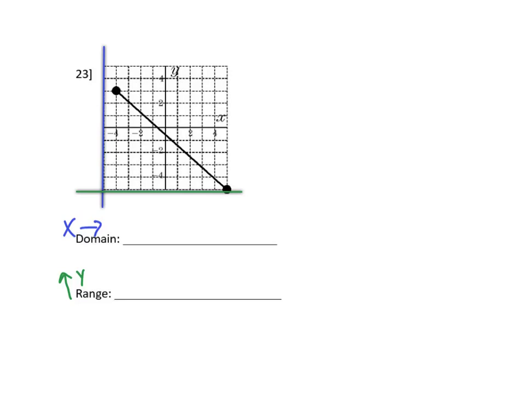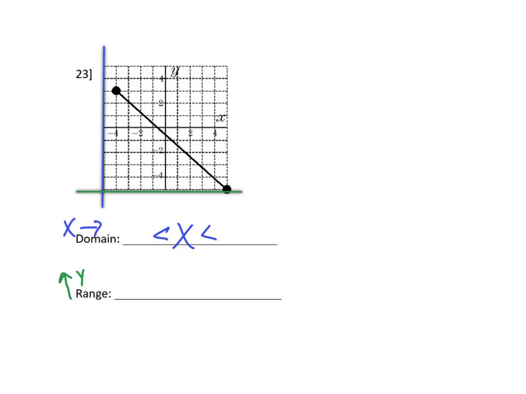Number 23, once again, we're asked to find the domain and range. This graph is a continuous graph because it has a line segment, which means we're going to have to use our inequality symbols. So domain, x values, so I have my x, and then I have my less than symbols before and after. I'm still going to be going from the left to right because that's where our x values are.